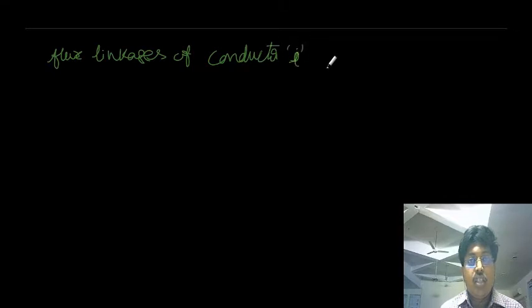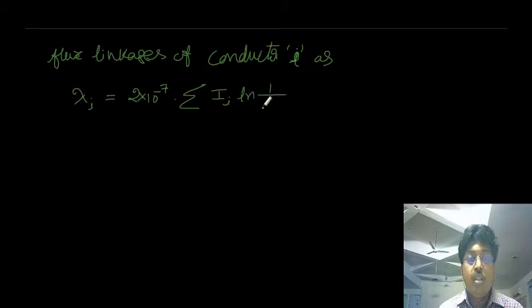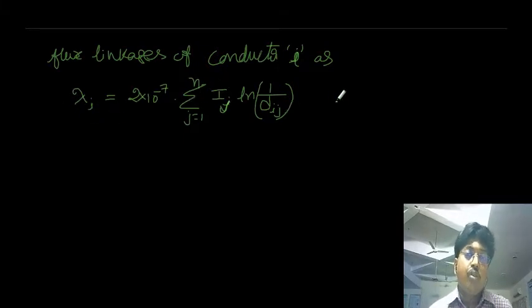In generalized form, the flux linkages of conductor i can be written as lambda i equivalent to 2 into 10 power minus 7 into sigma Ij into logarithm of 1 by dij, where j equals 1 to n. So this is the generalized formula we use to determine the flux linkages of any conductor.